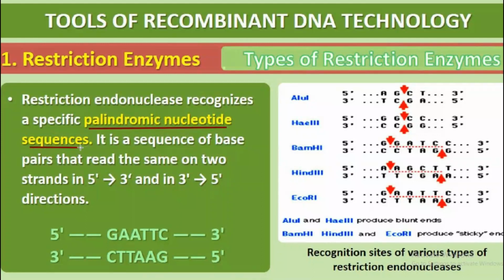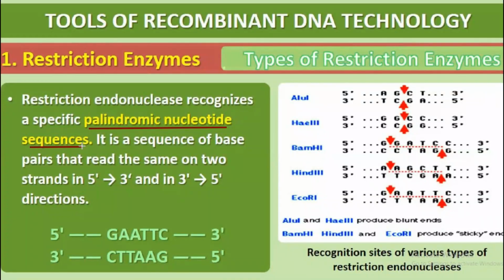So what are palindromic nucleotide sequences? The restriction endonuclease recognizes specific palindromic nucleotide sequences in the DNA. So what do you mean by palindromic nucleotide sequence? It is a sequence of base pairs that read the same on two strands, in 5' to 3' direction and 3' to 5' direction.